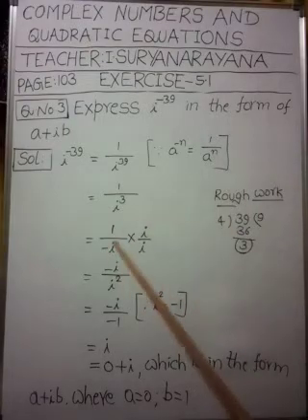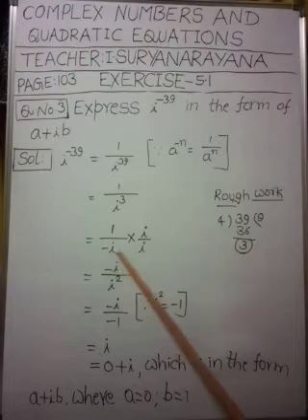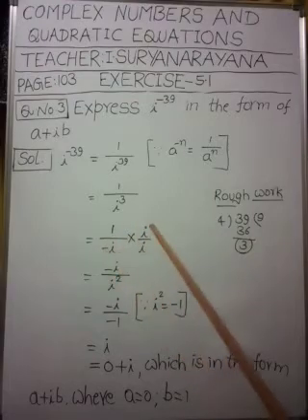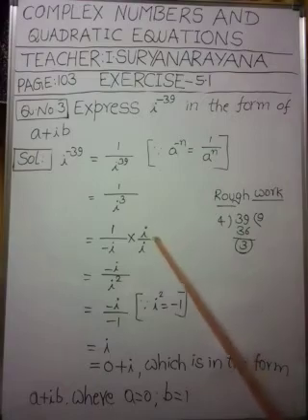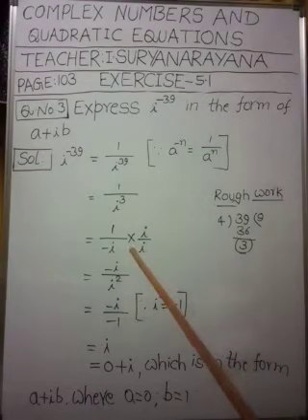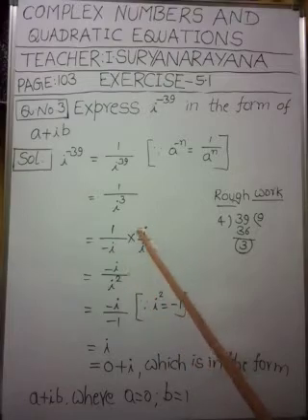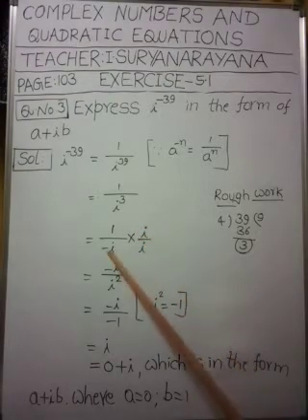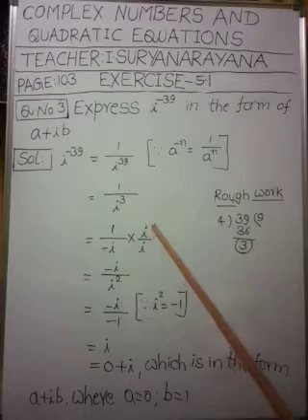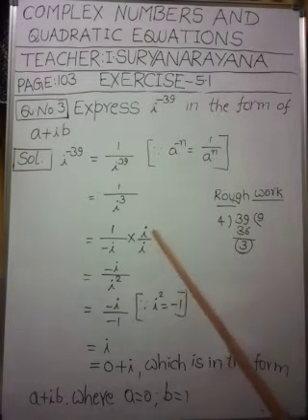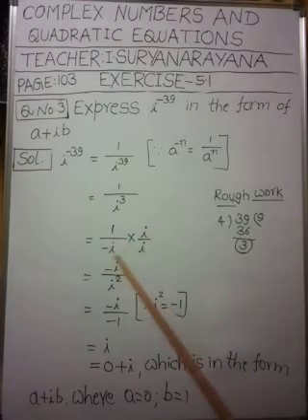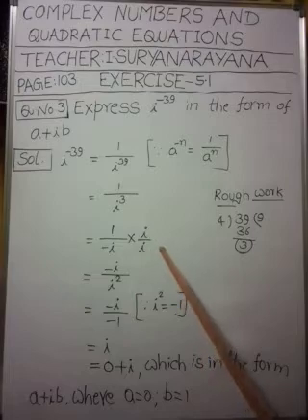So to make this denominator a real part, we have to multiply the numerator and denominator by its conjugate. It's a conjugate complex number. Here assume 0 minus i, so its conjugate is 0 plus i, which means i only. So we are multiplying the numerator and denominator by i to make the denominator a real number. We are doing this rationalizing. Understood this part, my children?